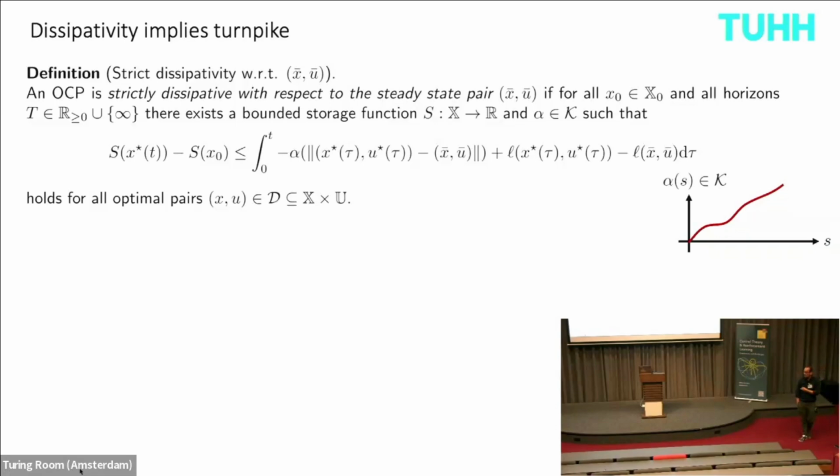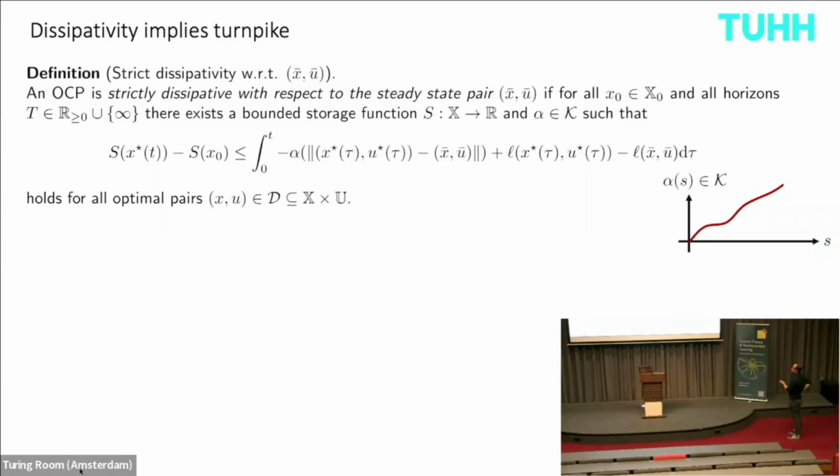And if this dissipation inequality now in integral form, that's the storage at time t, that's the storage at the initial condition, and the change in storage is bounded from above by the integral over L minus L at a steady state, plus some extra term, which I'll explain in a minute, then we call the OCP to be dissipative in the sense that the trajectories it generates satisfy a dissipation inequality.